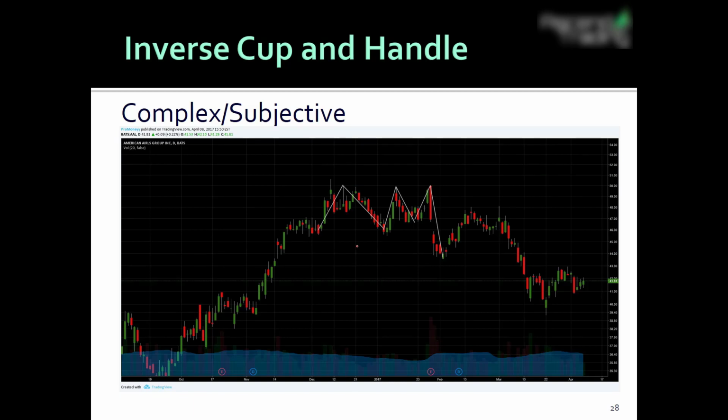So here's one that's rather subjective. Here's the triple top, but with the curved pattern.